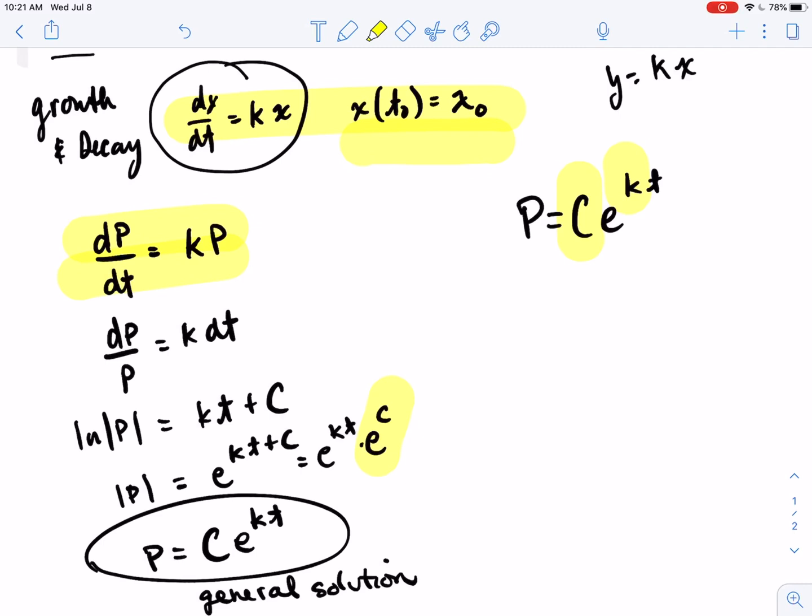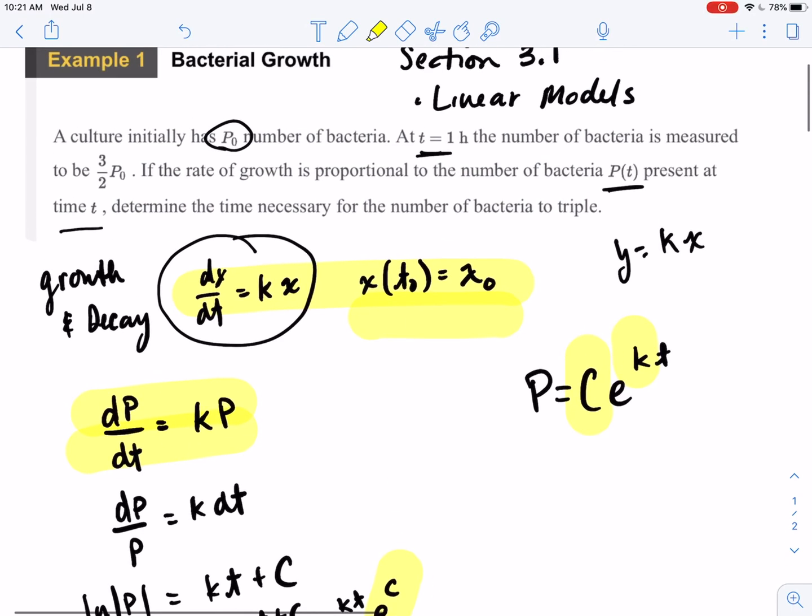So in order to do that, you go back to what's given. Here we have an initial value. And I could write it this way: P of 0 is going to give me P naught. So that's your initial value.